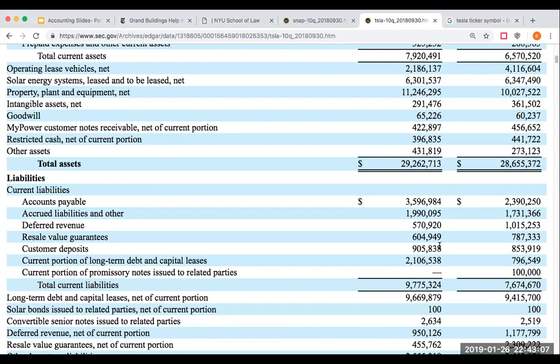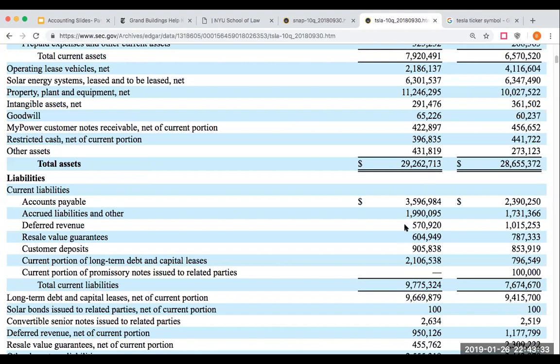Now, if I wanted to see exactly what those were, I could go back and look later, but what would a customer deposit be? Someone gave Tesla a deposit essentially for a Model 3 or one of their future automobiles. So today, Tesla has customer deposits totaling about $905 million.